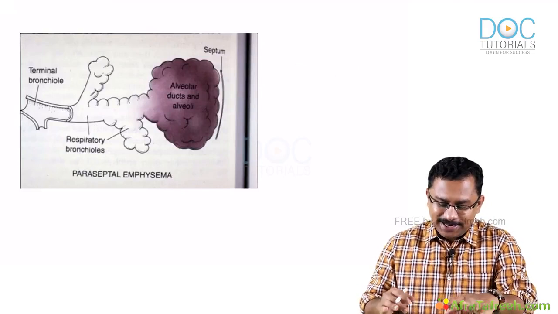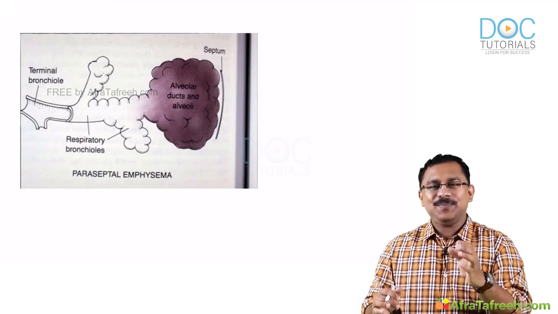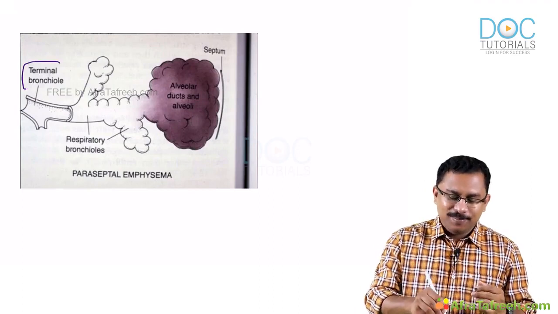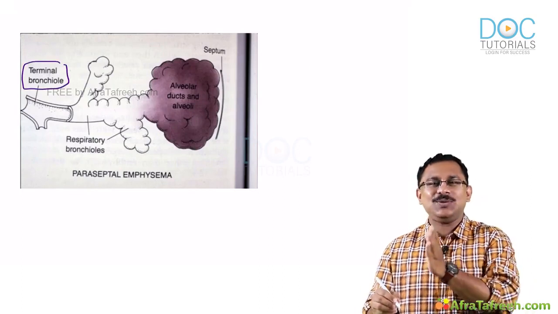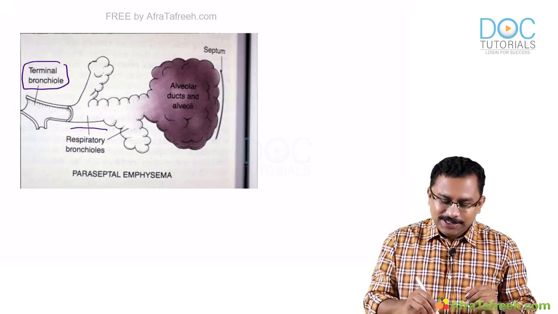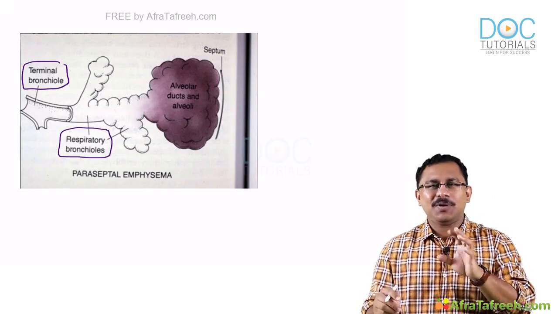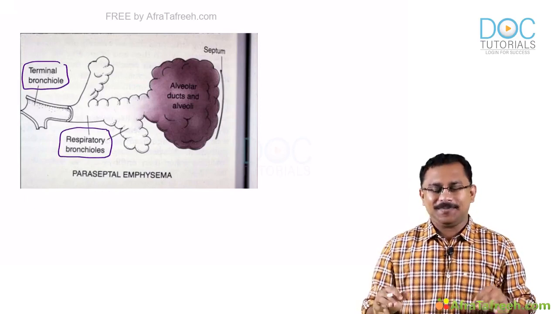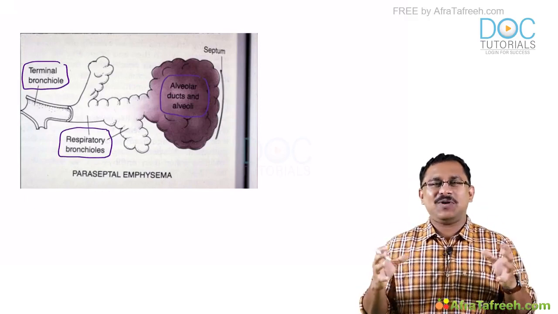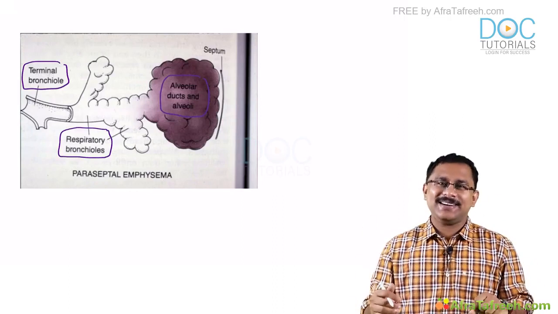Now next is the next subtype. Let's see the next subtype. See, the next subtype is where you can see that this is the terminal bronchiole, and you know that distal to the terminal bronchiole is the respiratory acinus. So in this pattern you can see the respiratory bronchioles are more or less spared. Okay, but you see the alveolar ducts and the alveoli, they are very much dilated.